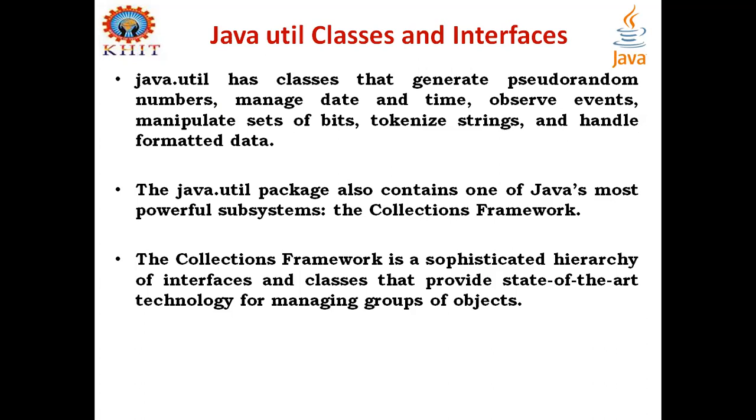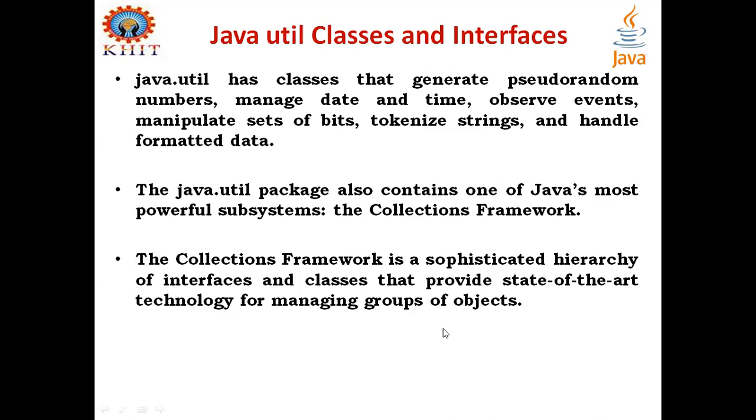We are going to organize the data for our programs in the Java language. This collections framework is a sophisticated hierarchy of interfaces and classes. With the help of inheritance, they created a hierarchy of these interfaces and classes to provide this collections framework in Java programs, which provides state-of-the-art technology for managing groups of objects.